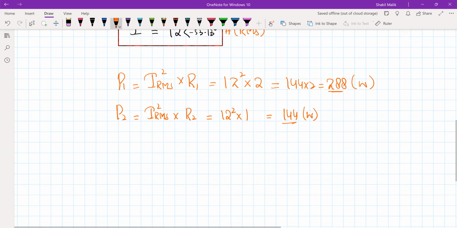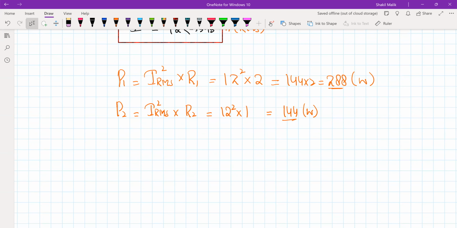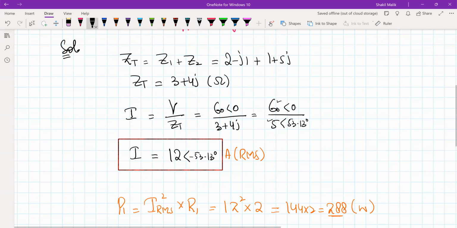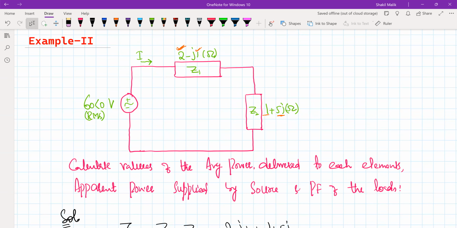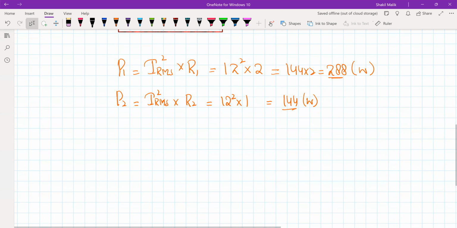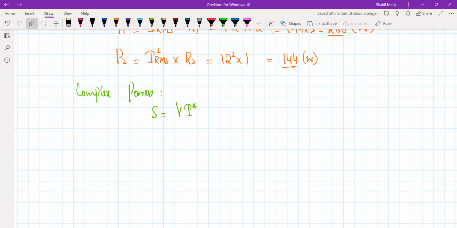Now, what is the complex power supplied by this source? Complex power supplied or absorbed by any element is simply voltage times the current. So, the complex power supplied by this source, denoted by S, is simply V times I conjugate if the values are given in RMS values, because RMS values are given.